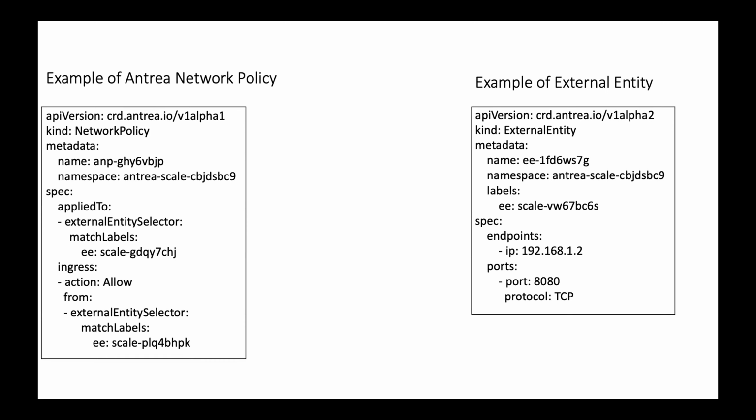So the test was to check whether Antrea network policies can be applied on a large number of VMs, and VMs are registered in Antrea as external entities. That's why. Okay, so that was specifically in the context of the NEFE project?